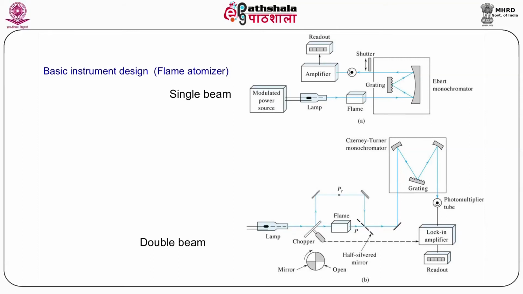This is the structural component of the single beam flame absorption spectroscopy. In double beam spectrophotometry, two beams are used, two different light sources are used, and in the same way the detector is used to detect the amount of light absorbed by the atoms present in the solution or in the flame.